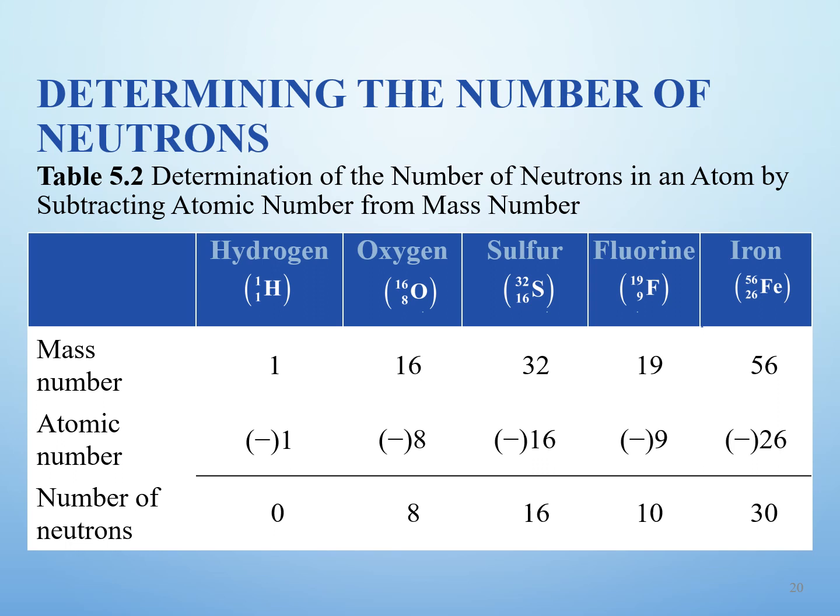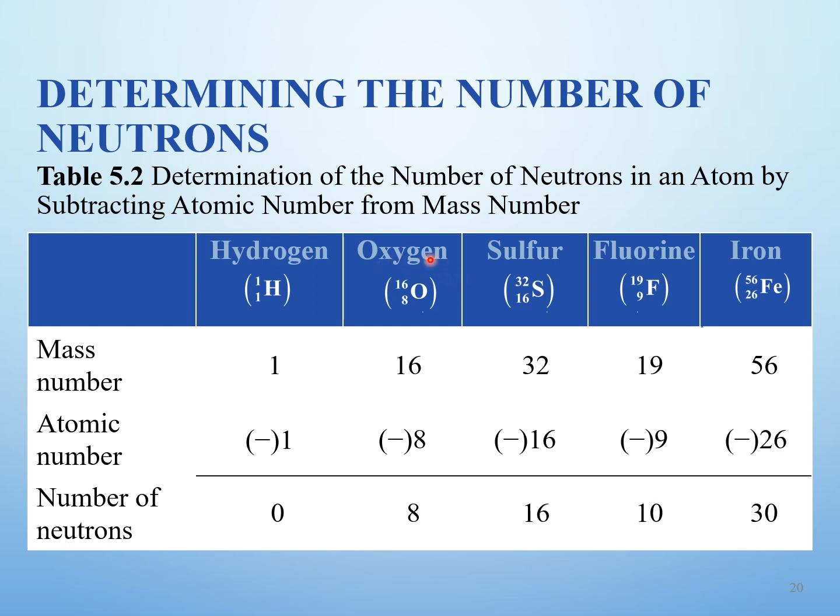So here are some more examples of determining the number of neutrons. So if you have hydrogen 1, 1, H, that means there's 1 proton for H, and then there's no neutron because it's 1 plus 0 to get 1. Okay, so there's no neutrons there.